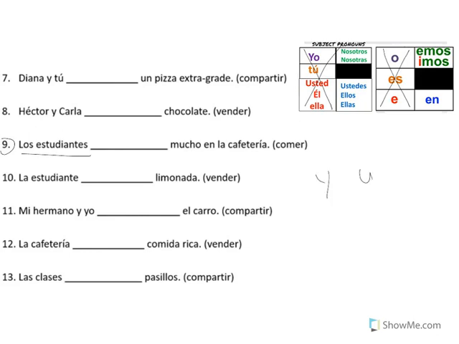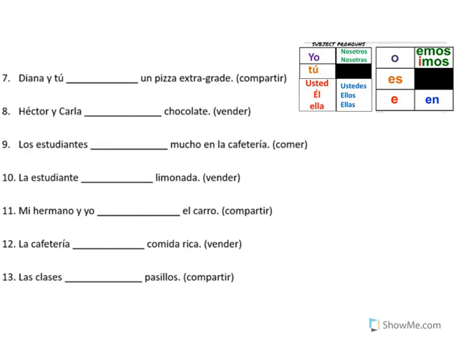But the sentence does not say and I. And because it does not say and I, we must not use the nosotros endings. The en is the correct ending. So, los estudiantes comen mucho en la cafetería.